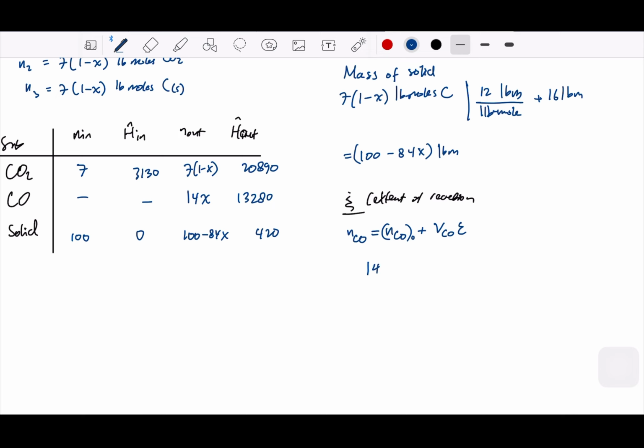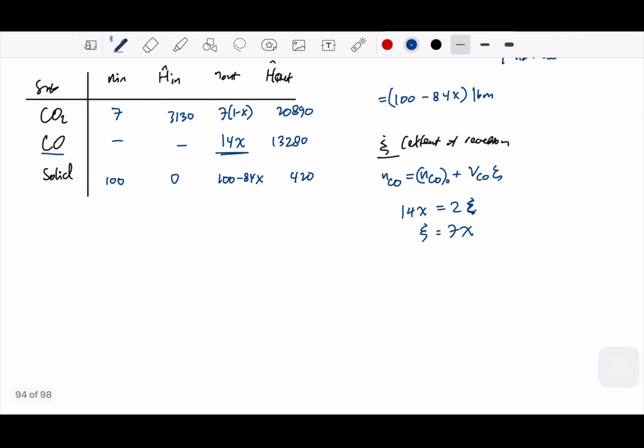So we have 14x for carbon monoxide. 14x is equal to 2 times the extent of reaction, based on stoichiometry. So the extent of reaction is 7x. Now, from this extent of reaction, we are going to apply it to our energy balance.